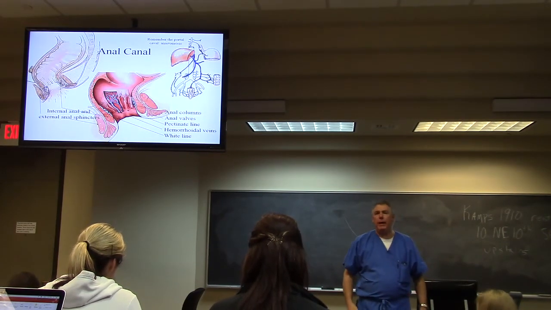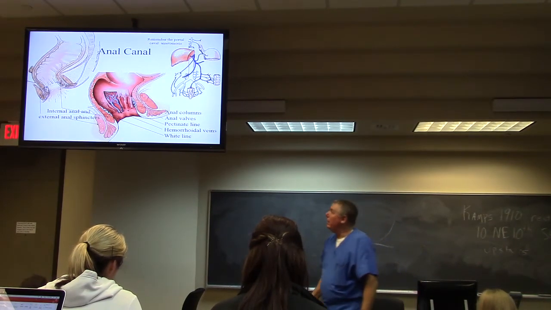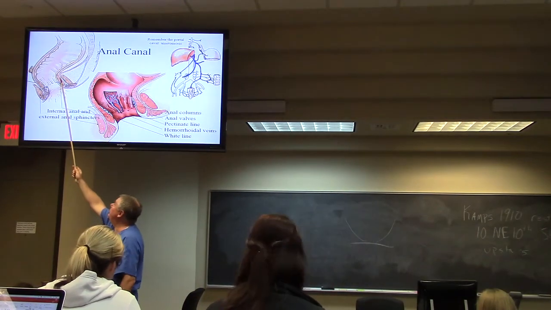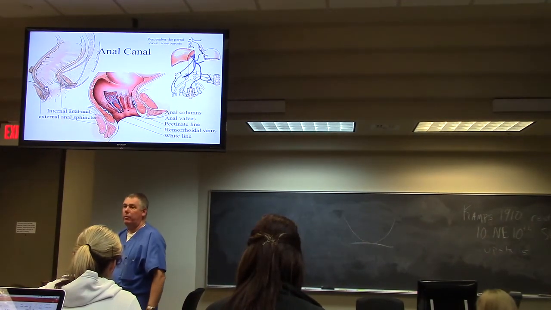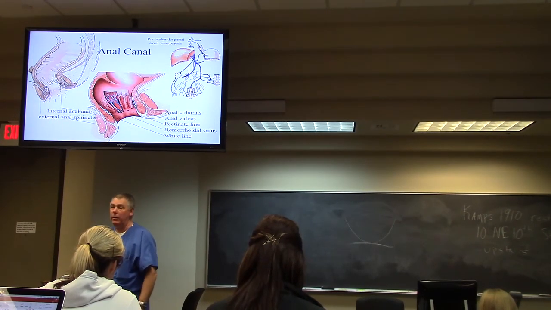Anal canal. Let's talk about the anal canal here a little bit. It's a fascinating piece of your anatomy. You have two types of muscles there. You have an internal anal sphincter that's under autonomic control, and you have an external anal sphincter that's under somatic control.